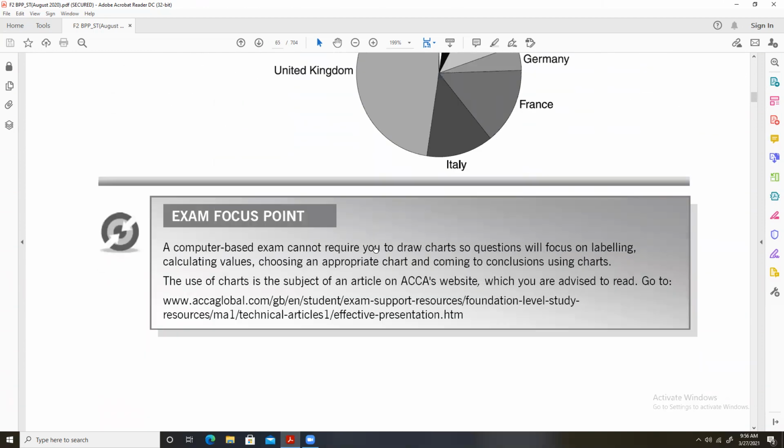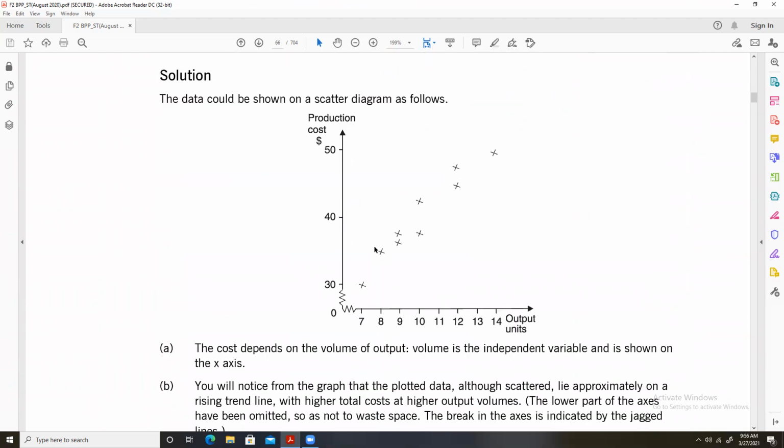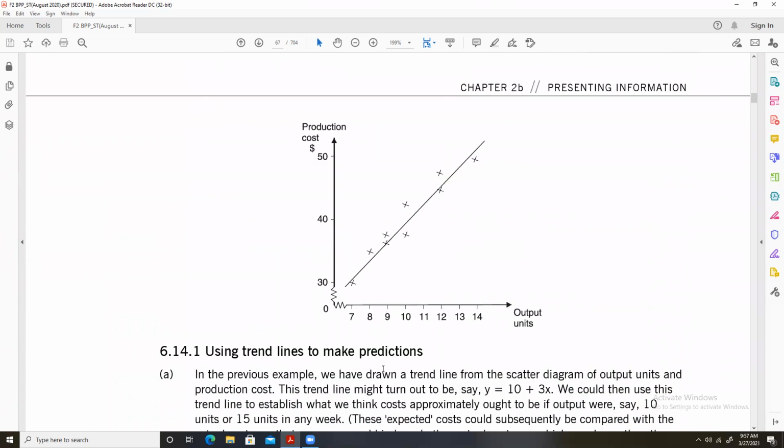Moving forward, scatter diagrams. Scatter diagrams are used to show relationship between two variables, how the two variables are related. In this example, cost and output are directly related to each other. The more output we produce, the more will be the cost.